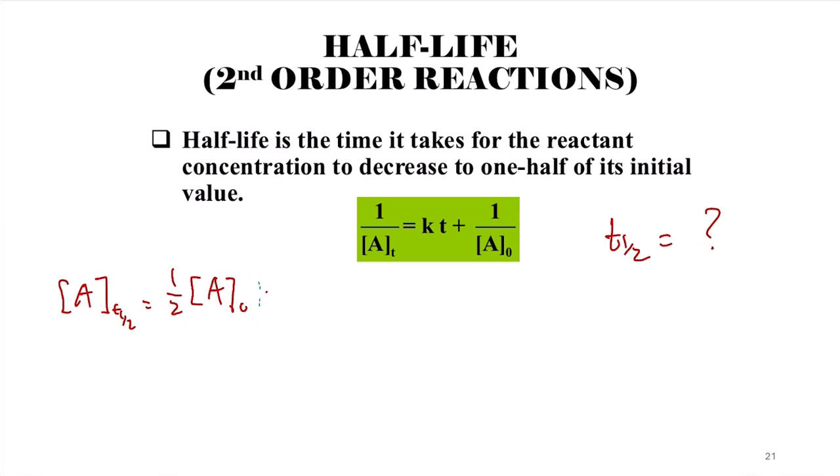So that means at T1/2, you get 1/2 the initial concentration. So you take this expression, and you just plug it in to that A at T here. And then you just replace T with T1/2, right? And then you solve for T subscript 1/2. Once you make this substitution, then you pretty much are just doing algebra to solve for T1/2 there.